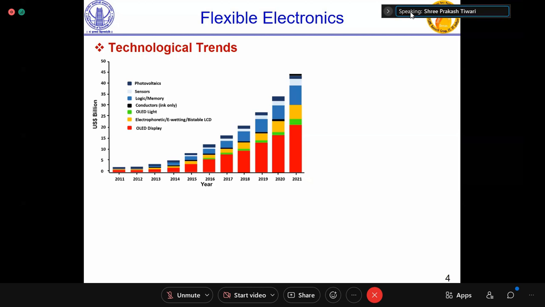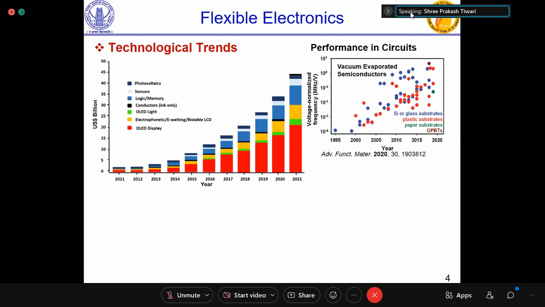But for any display, anything which you glow, there has to be backplane circuitry. If this backplane circuitry is also made by organic materials, then this could be a fully organic or printed technology. Now, if you focus on circuits made by these organic transistors, this plot is taken from a reputed journal paper, Advanced Functional Materials, published in 2020.